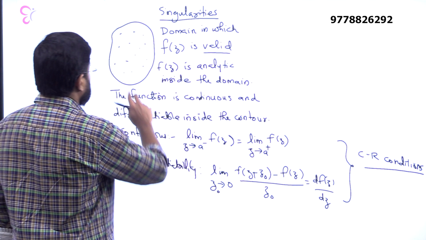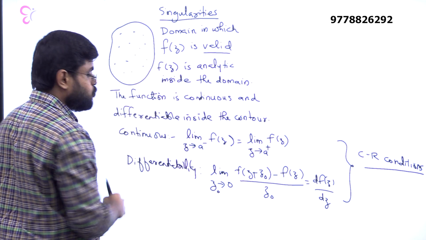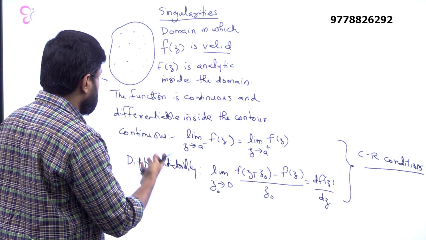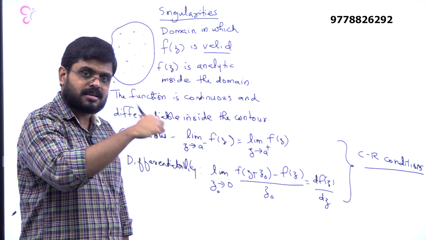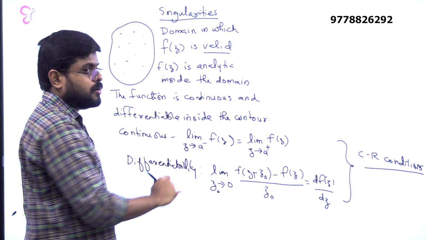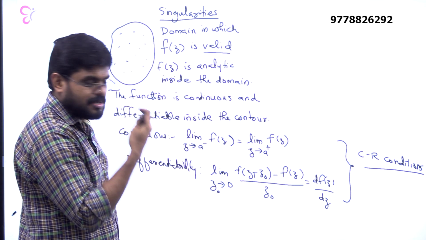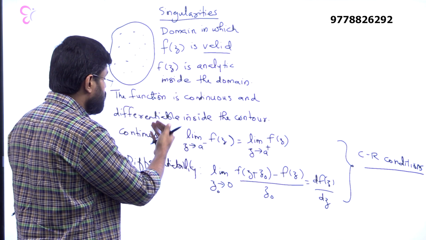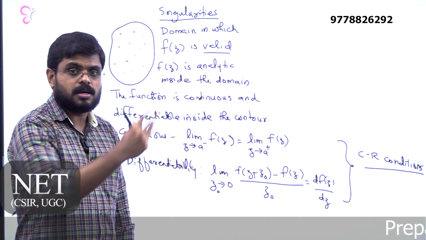So I have this domain, and in this domain a function f of z is valid. The function f of z is valid means it is analytic. It is analytic means the Cauchy-Riemann conditions are satisfied inside this contour. When the Cauchy-Riemann conditions are satisfied, the function will be continuous and differentiable inside the contour.